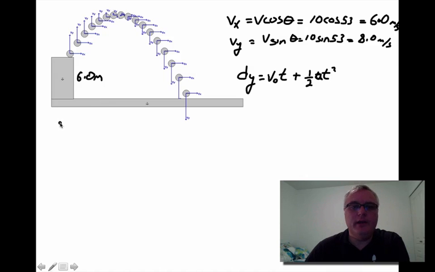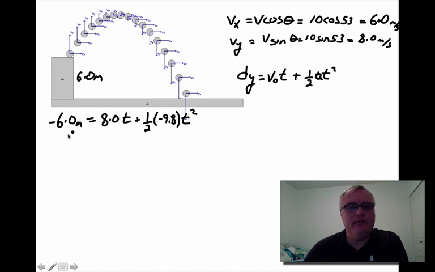So first let's write out what we have. The vertical displacement, dy, is negative 6 meters. And the initial y velocity is 8 meters per second, times t, plus 1/2 times the acceleration. Again, that's gravity, times t squared.